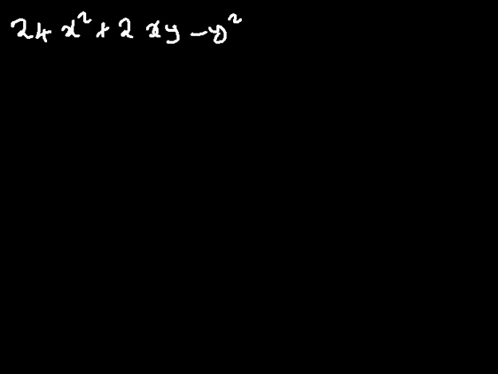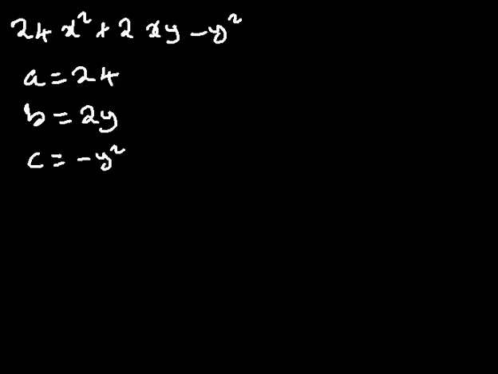The principle remains the same, and you should understand that this is a quadratic expression in x. What is the value of a? The value of a is given as 24. What is the value of b? We have it as 2y. And what is the value of c? We have it as negative y squared.